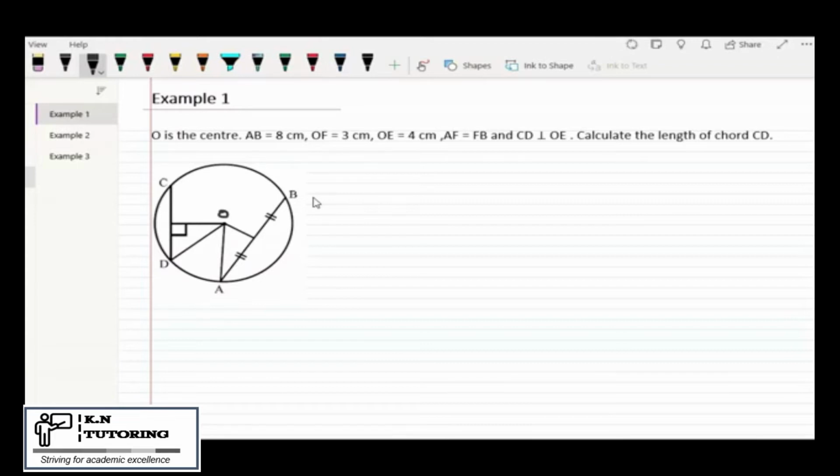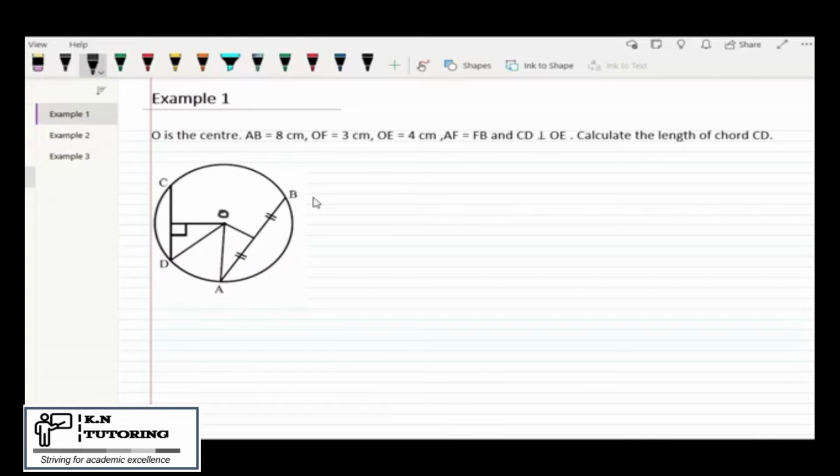Now I'm going to read it again and make sure that whatever is being said here is also shown in the diagram below. So it says O is the center, so there was no O, but I know that this is O, which is the center. AB is equal to 8 centimeters.